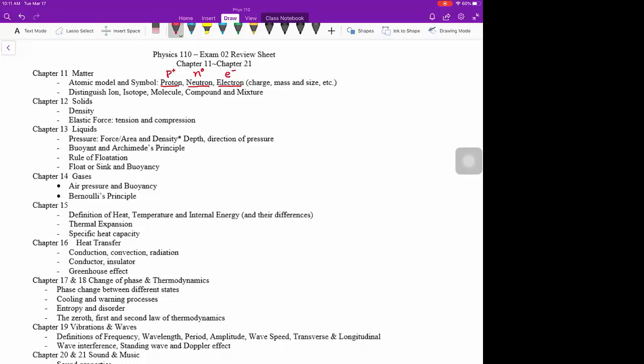We also make a table to show you the difference: which one has more mass, which one has less mass. So electron is much lighter than the rest of them. The size of the atom itself is very small.